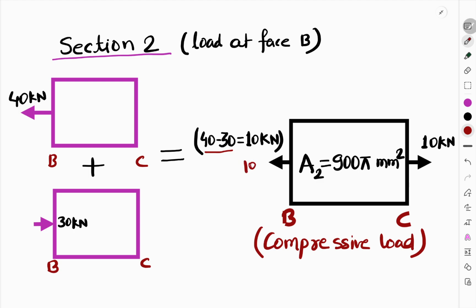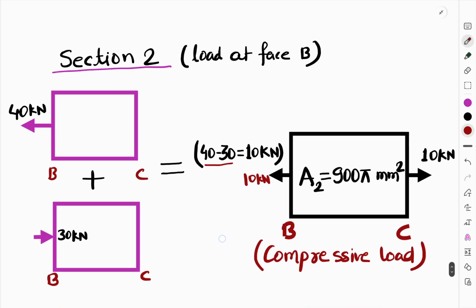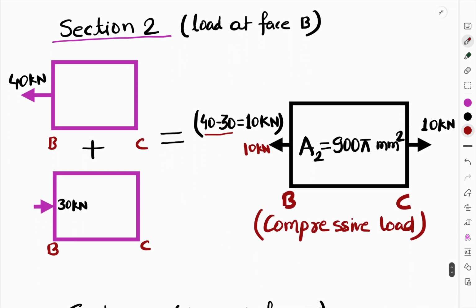Whatever force is applied at the left side, the same force will be applied at the right side also. So for section 2, the force applied will have a magnitude of 10 kilonewton, and this will be the tensile force.